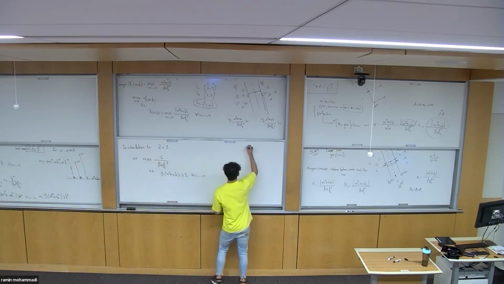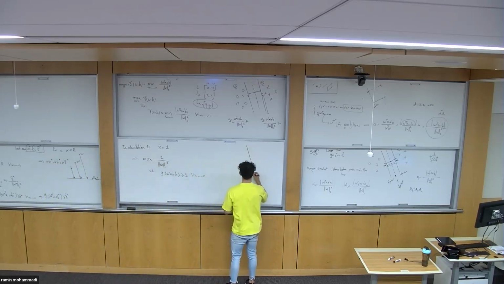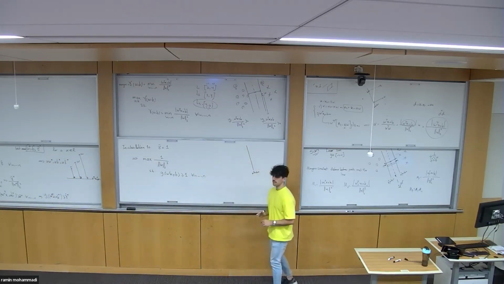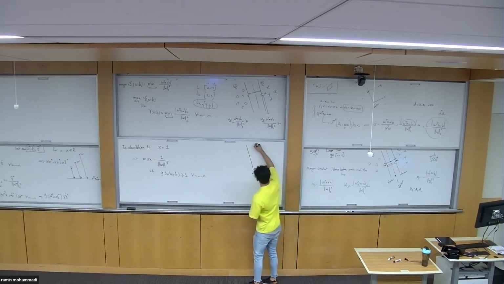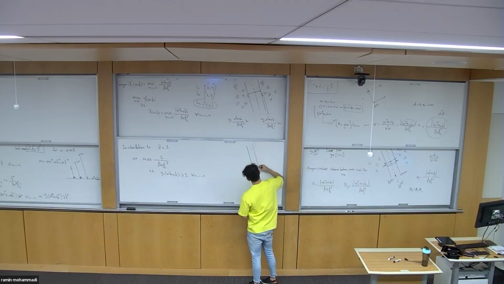Now, this is W transpose X plus b equals 0, the main line that we're solving. This is on the left, this is on the right.